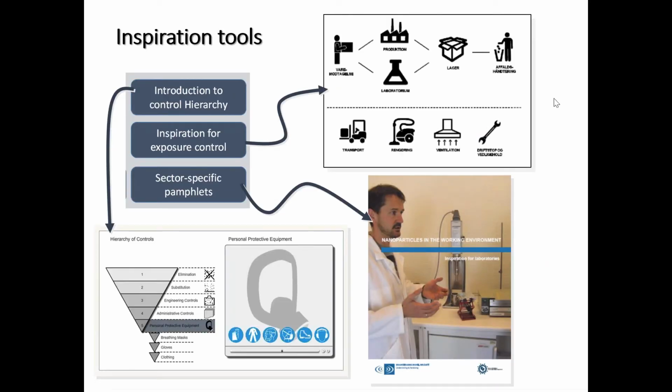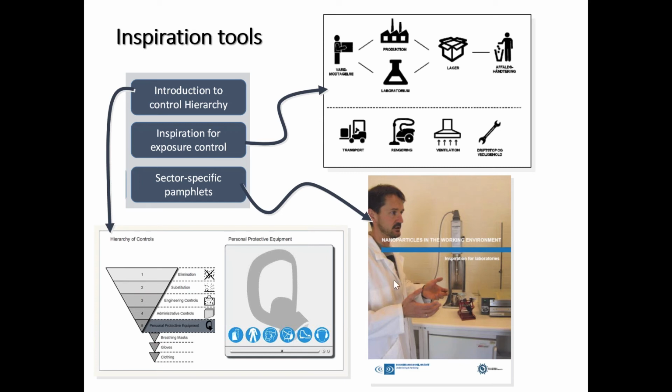So this is the guidance, the inspiration tools. We have 3 different types of information. One is an introduction to the control hierarchy that you probably know very well. So you go from elimination, substitution, engineering controls, and administrative controls, and then finally to the personal protection equipment. And there's some general guidance on personal protection equipment, etc., that is given as audiovisual information.